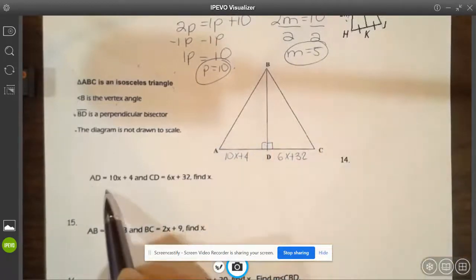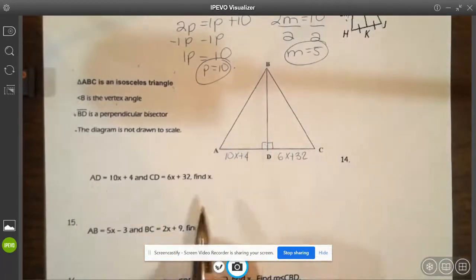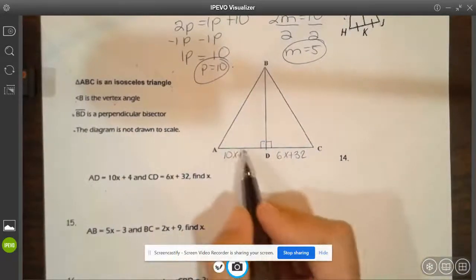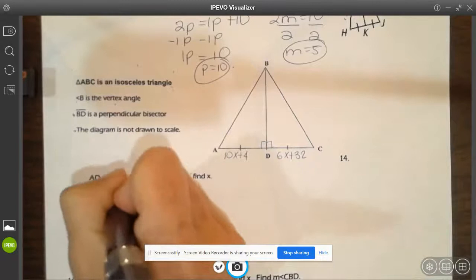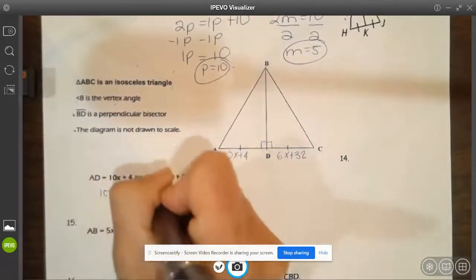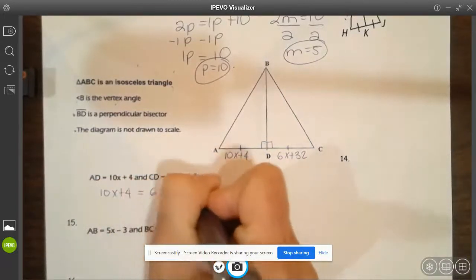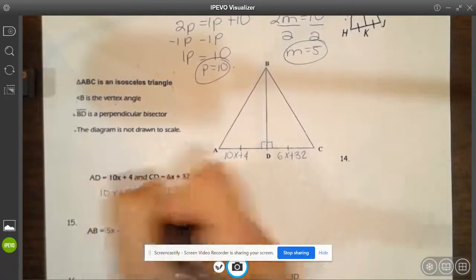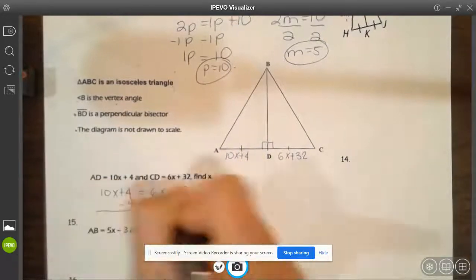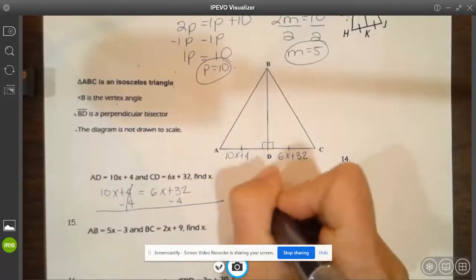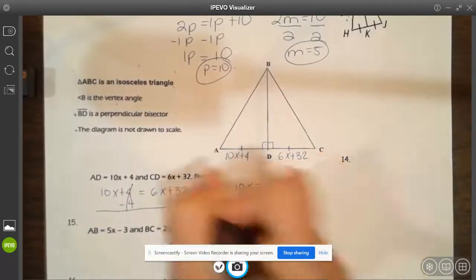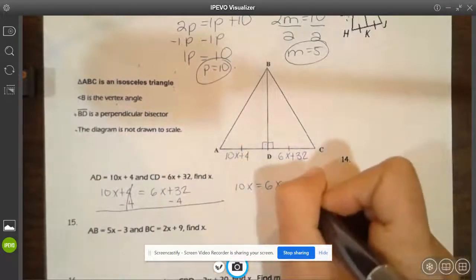So our first question is to find x. So we set them up equal to each other because this is the same as that, right? So that's 10x plus 4 equals 6x plus 32. Combine like terms, so minus 4, that goes away, and then we have 10x equals 6x plus 28.